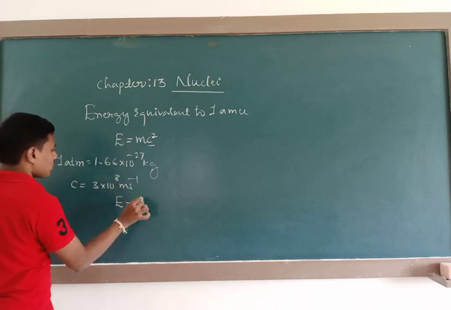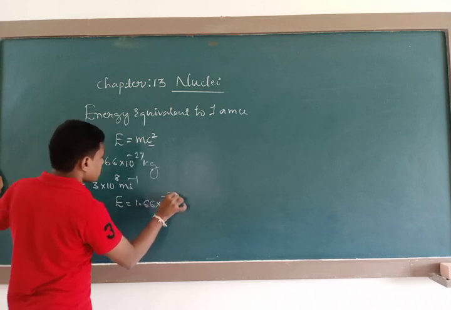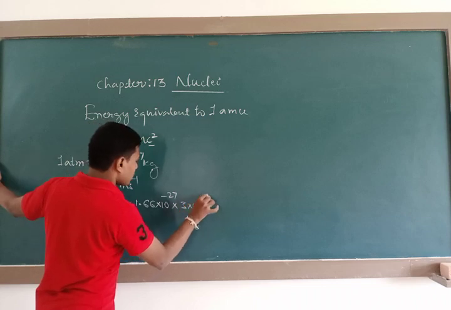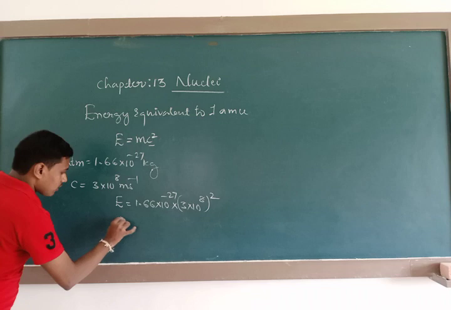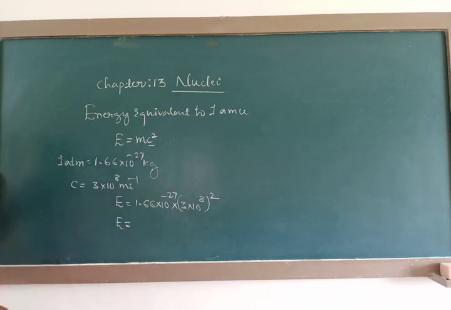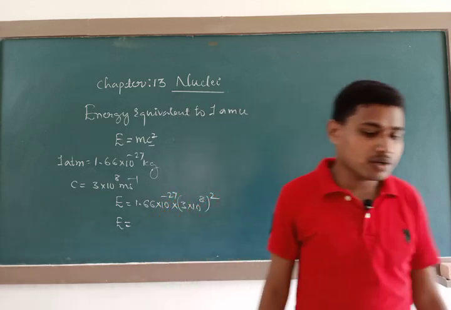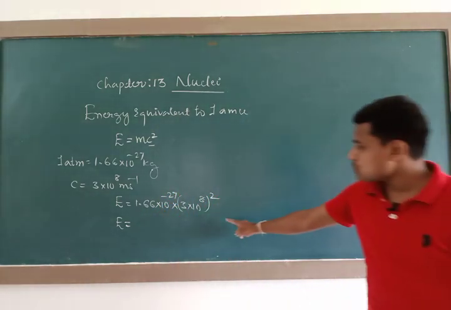Therefore, energy becomes 1.66 into 10 to the power of minus 27 into 3 into 10 to the power of 8 whole square. If you calculate this, you are going to get the answer in terms of joules.